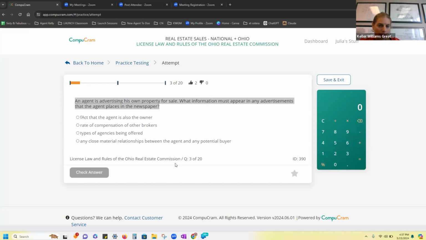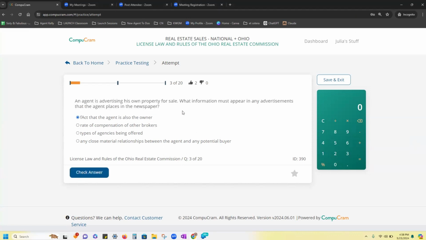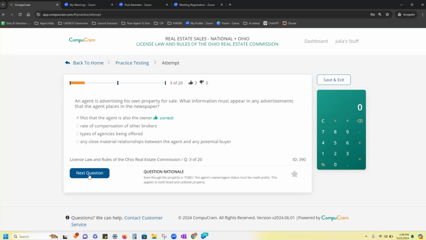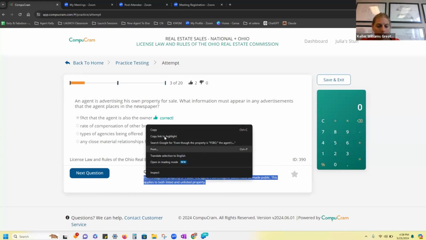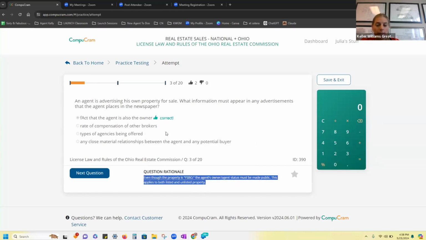So in this, what they have to disclose, I think it's A. Yeah, I want to say A. All right, so yeah, it would be A. Even though the property is a FSBO, the agent's owner-agent status must be made public. This applies to both listed and unlisted properties. So definitely if you're selling your own property as an agent, you need to disclose that.